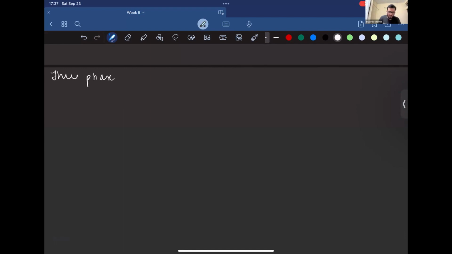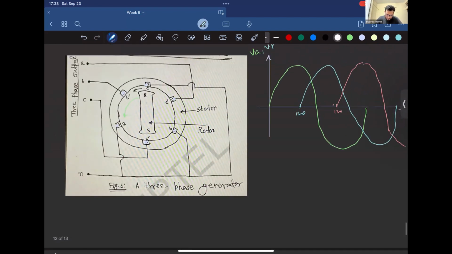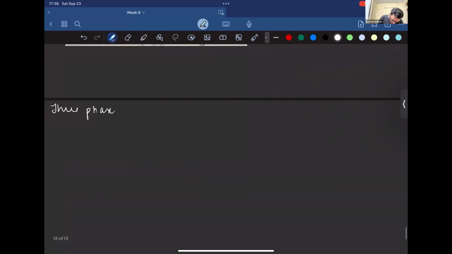We'll discuss this more once we reach the part where we discuss alternators or synchronous generators. There you will be able to better appreciate what happens inside the stator and rotor. But as of now, in a crude sense, that's how three-phase generation of voltage is achieved. Now, three-phase circuits are connected in two ways.